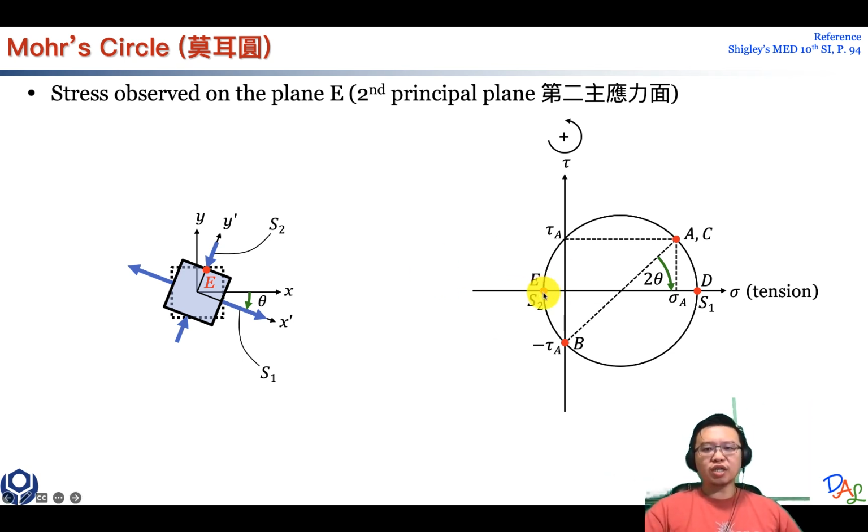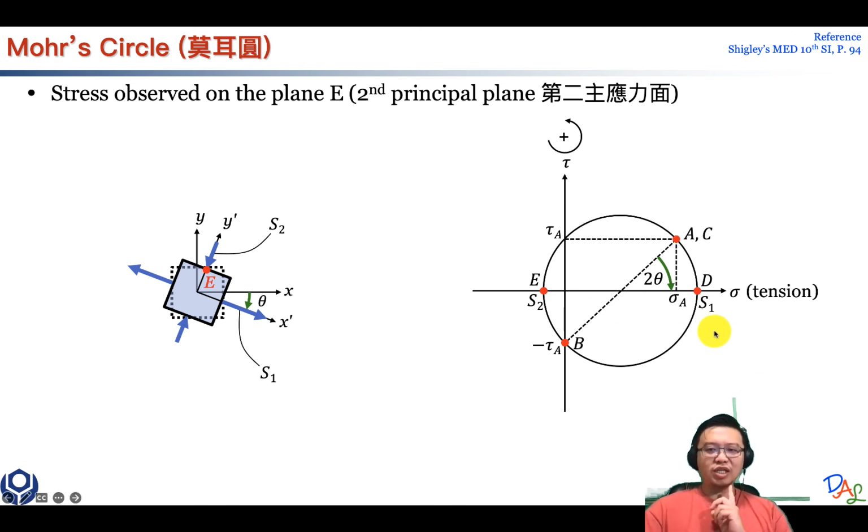So this is the second principal stress, and it has been drawn right here along the same coordinate, x prime and y prime. Okay, but in mechanical design, sometimes this S2 won't be necessary, but for some future models, S2 will be needed for calculations. But that S2 is actually not the most important thing.